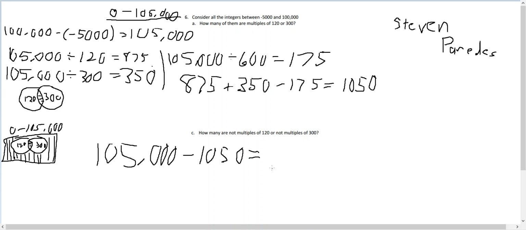This equals 103,950. So that is the amount of integers that are not multiples of 120 or not multiples of 300 in the set from negative 5,000 to 100,000.